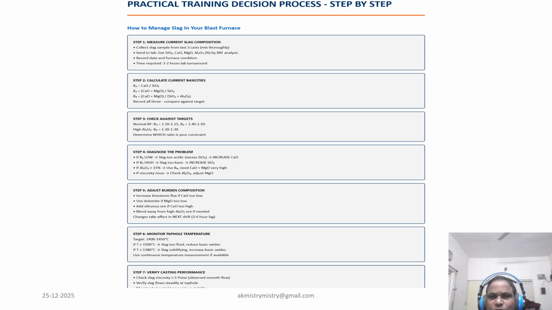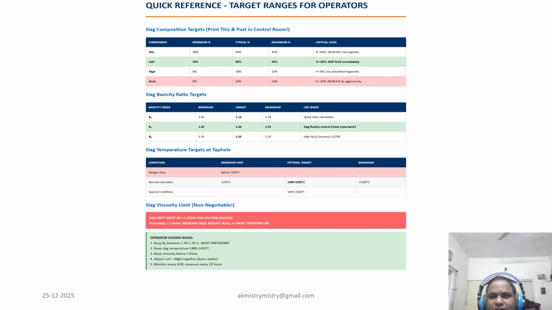Now coming to the control room targets, we have to print this table as it is shown. Silica should be less than 40%, CaO should be around more than 35%, MgO must be at least 7%, and alumina should be less than, of course, the minimum mark is 15 to 16%.